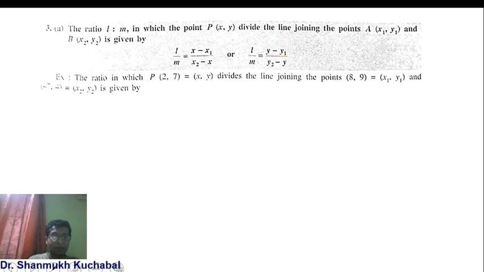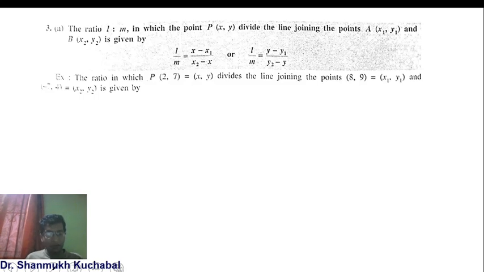Suppose P is the point 2, 7, x1 y1 is 8 and 9, and x2 y2 is given. Substituting in the formula we can simplify the solution.